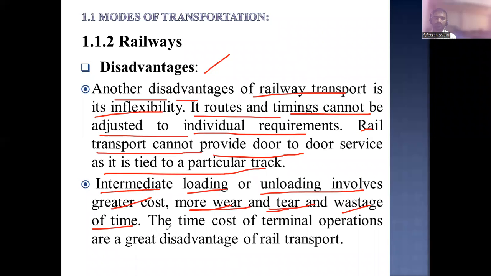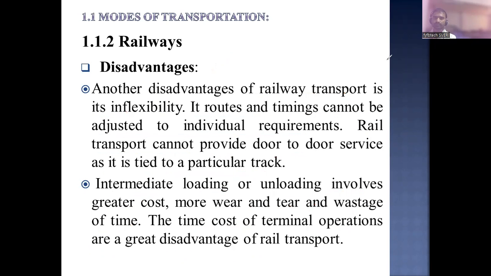The time cost of terminal operations is a great disadvantage of rail transportation. Terminal operations means near the stations, where the trains are stopped. So maximum time is wasted. If you are stopping the rail, your income is not generated. So that is one major disadvantage.